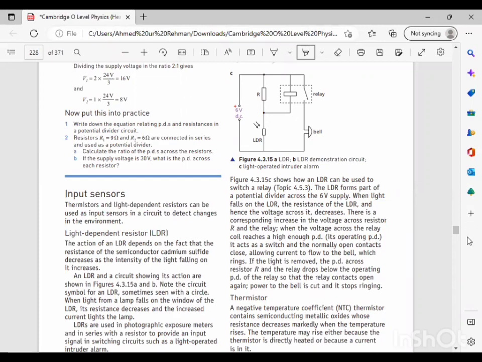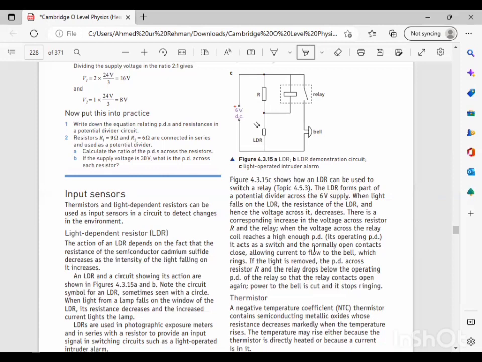So a relay has a particular structure in which we have two plates, and when a high enough potential difference is applied, it operates the switch within.